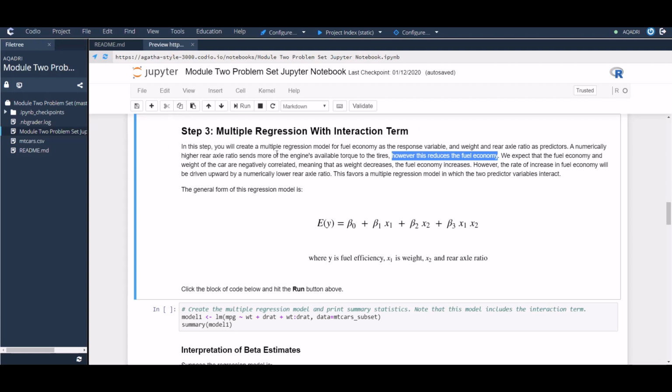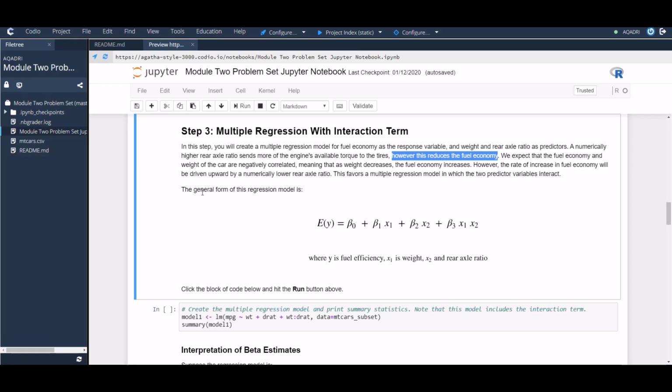That's what we saw in step 2, meaning that as weight decreases, fuel economy increases. However, the rate of increase in fuel economy will be driven upward by a numerically lower rear axle ratio. And this is why a multiple regression model in which the 2 predictors interact should be considered here.